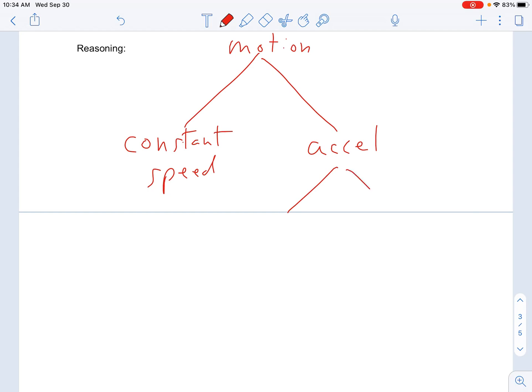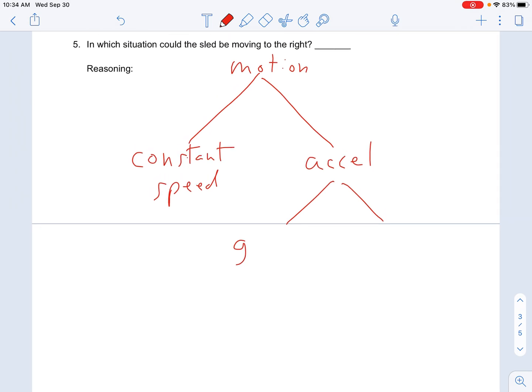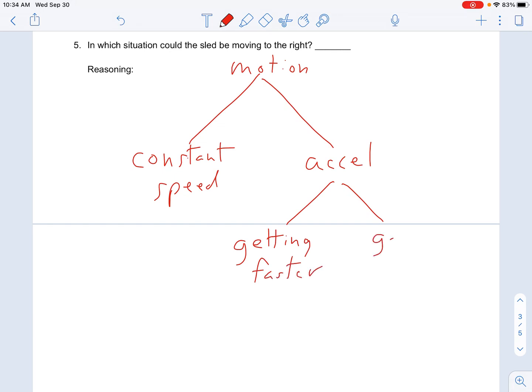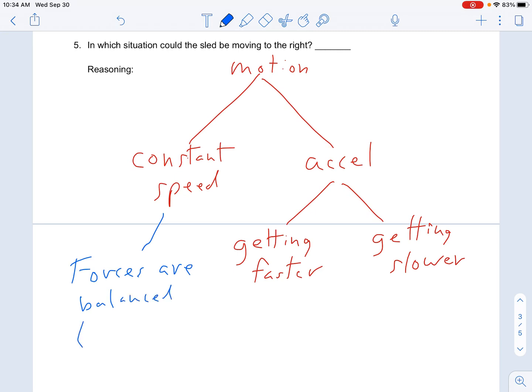And acceleration is either going to be getting faster or getting slower. So with constant speed, talking about the forces, that has to mean that the forces are balanced, which means the net force equals 0.